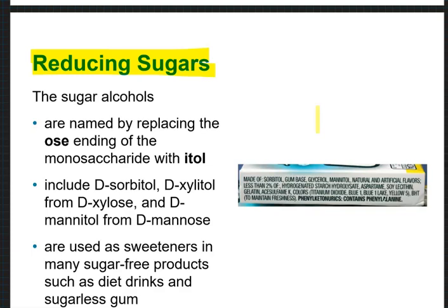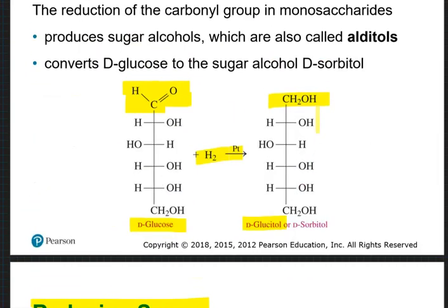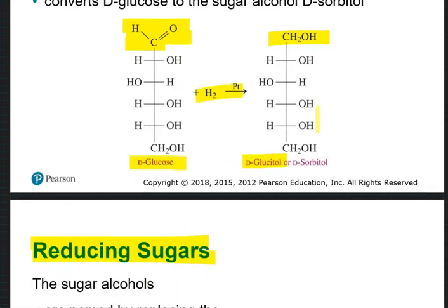When you reduce glucose to glucitol or sorbitol, it's also sweet. But the good thing is, it cannot be fermented by microorganisms in your mouth, okay? And it is safe to consume for people with diabetes. Okay? Am I clear?